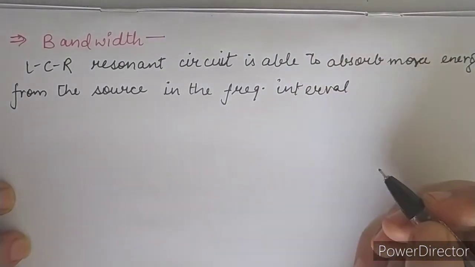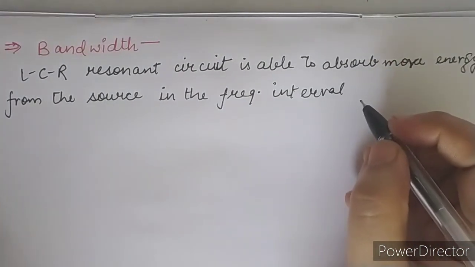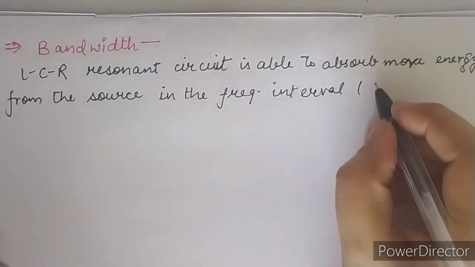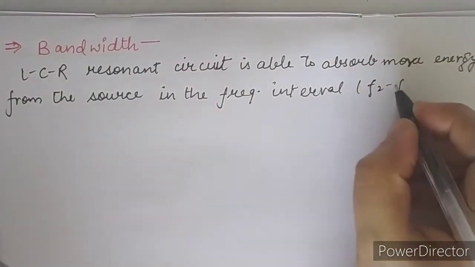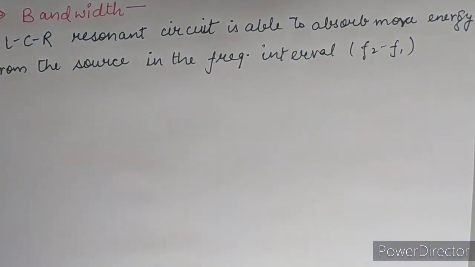If you look at the graph, the frequency interval is f2 minus f1.